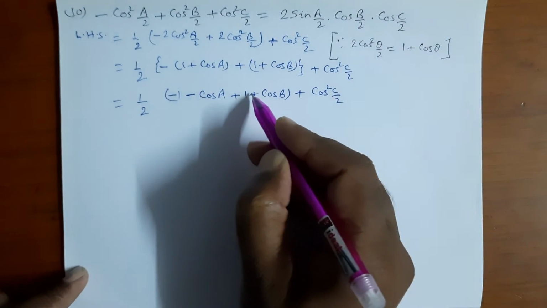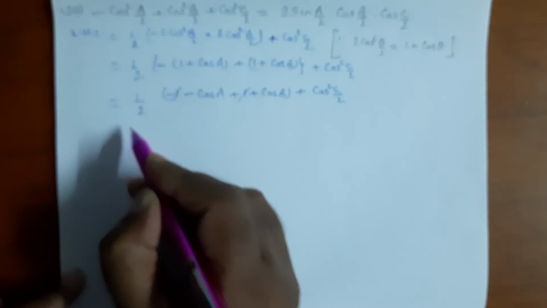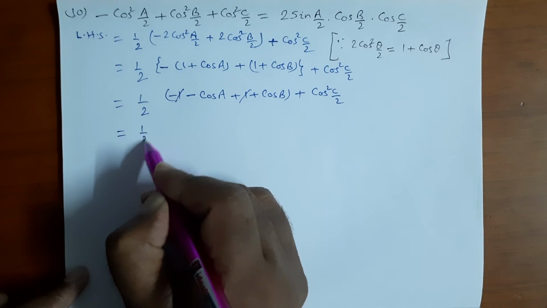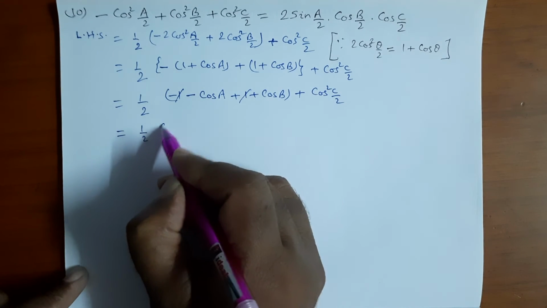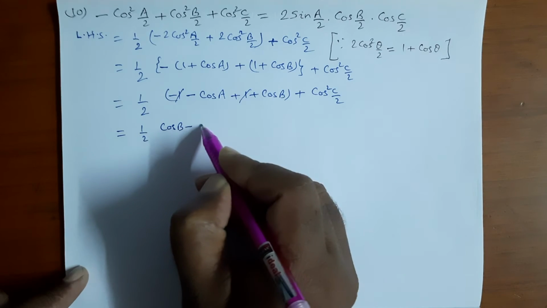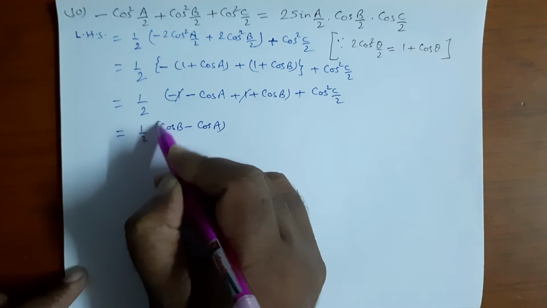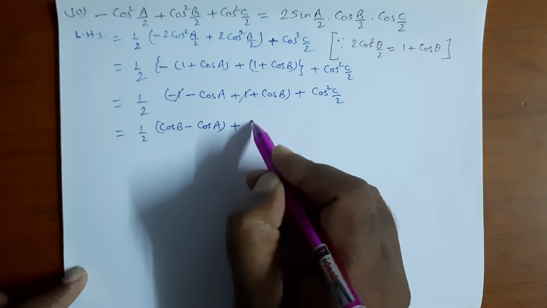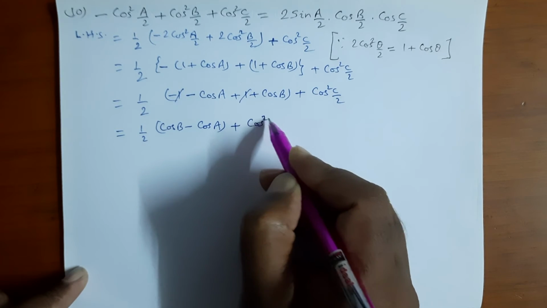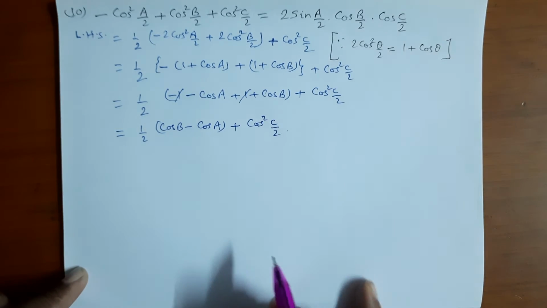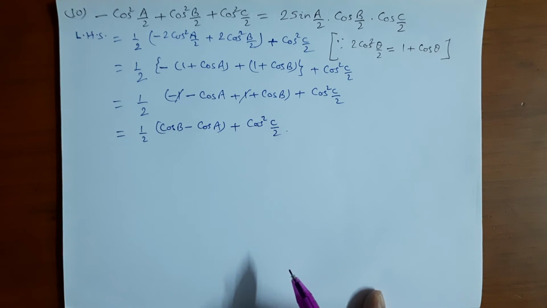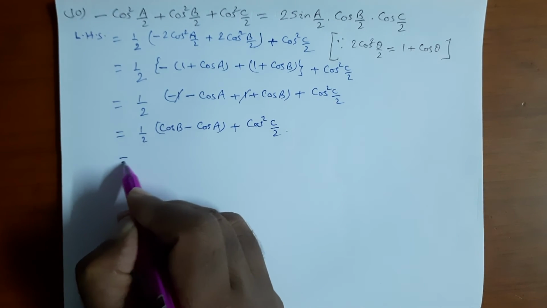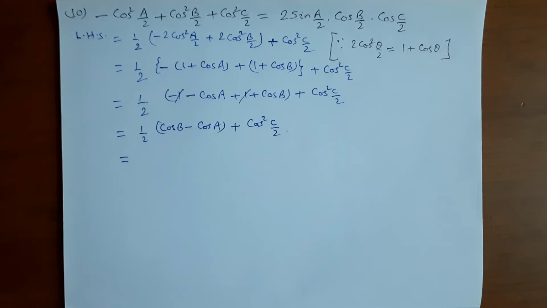And now this plus 1 can be cancelled with minus 1, and this equals 1/2 [cos b minus cos a], we can write, and at last we have cos square c/2. And again like before we can use the cos d minus cos c formula.